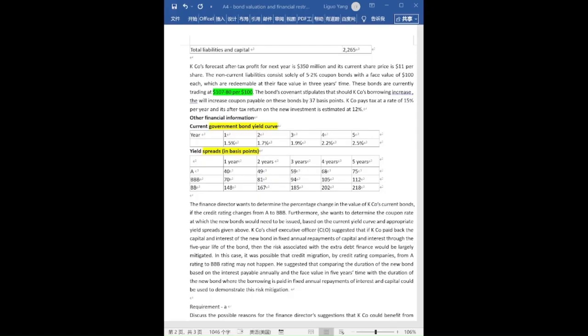From the calculations and the figures, we see the value of the current bond after the credit rating changed from A to triple B does not change very much at all. Why?